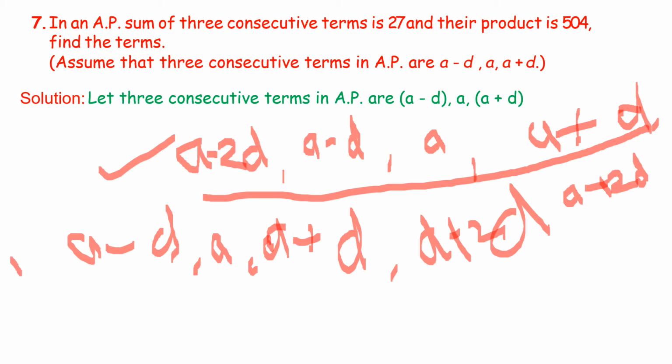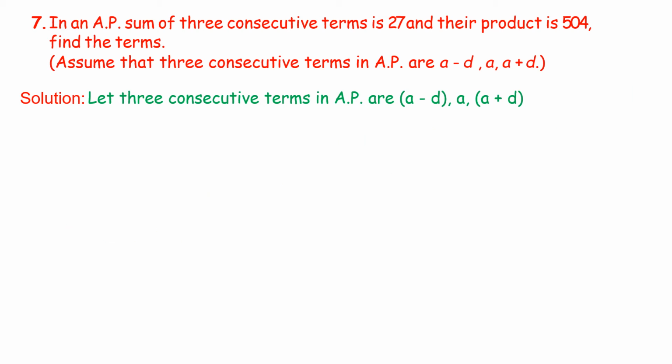Either this way or this way, if 4 terms are there. If 5 terms are there, a minus 2d, a minus d, a, a plus d, a plus 2d. Is this clear?